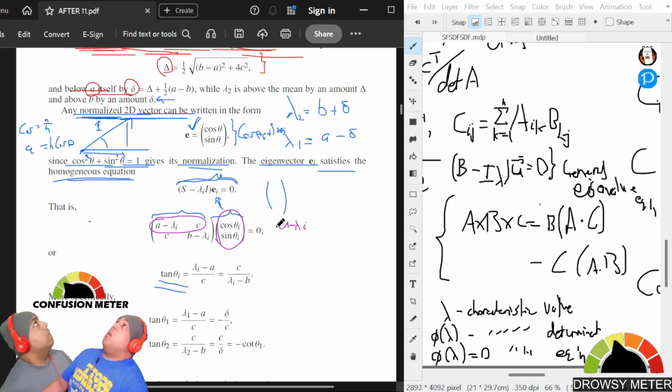A minus lambda i, cos theta i. Plus, okay, this... Wait, no, I'm doing this wrong. A minus lambda i... Wait, no, I was doing it correct. A minus lambda i, cos theta i plus C sine theta i.